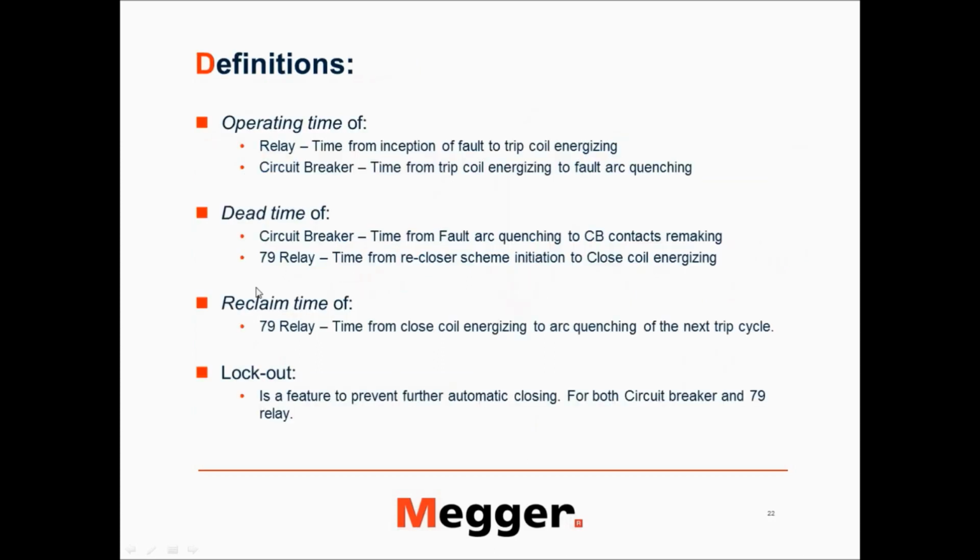The dead time of the circuit breaker means the time from the fault arc quenching to the circuit breaker remaking, which means from the arc quenching or opening to the closing of the circuit breaker. The dead time of the 79 function means the time from recloser scheme initiation to the close coil energization.